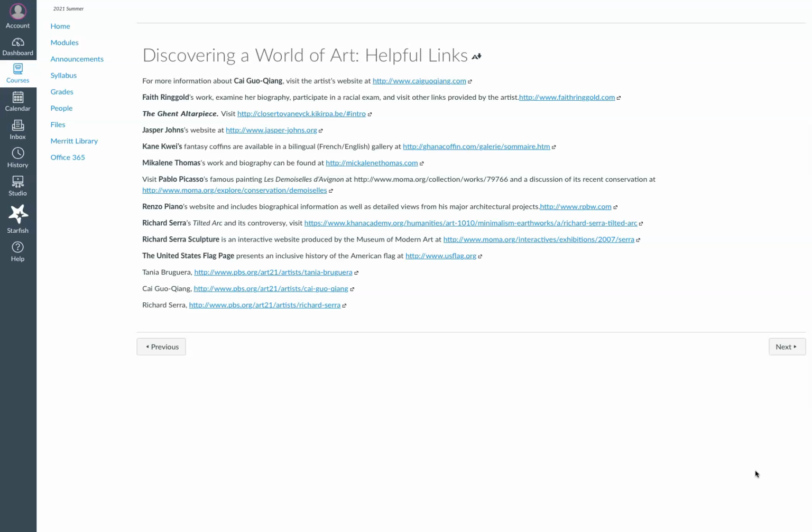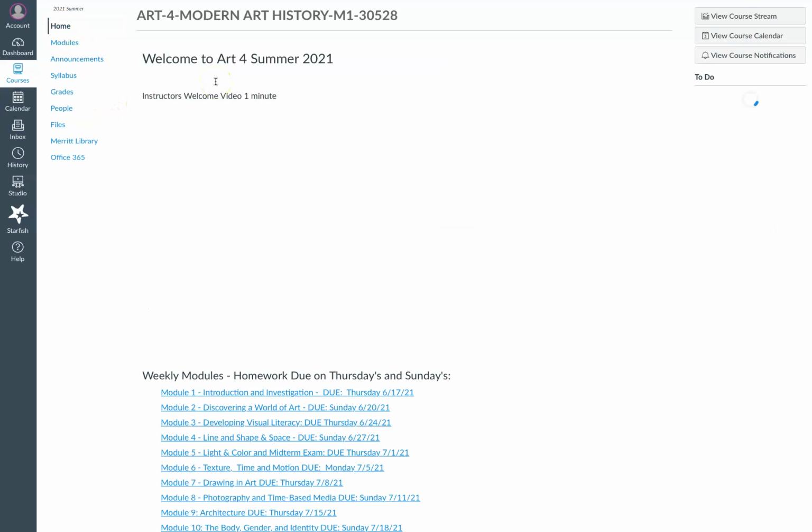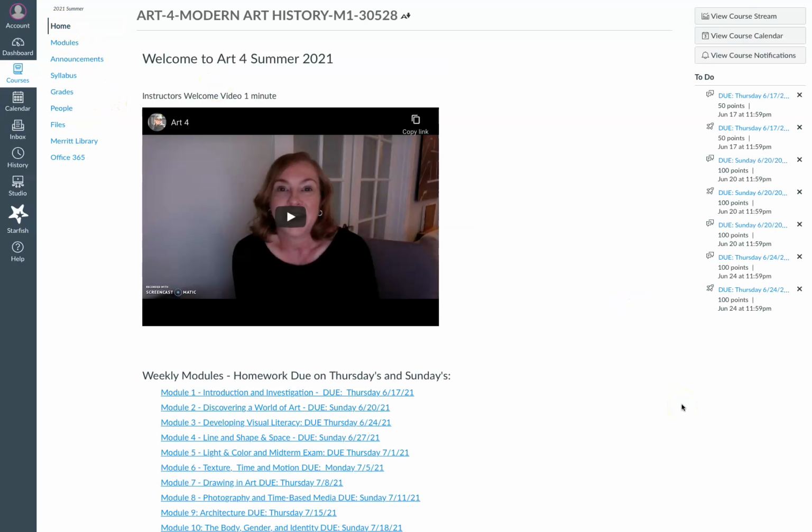Most learning units also have a helpful links page. So these might be links that you would click on to further learn about any of the artists that are discussed, Richard Serra or other artists from that particular learning unit. And then, of course, that flows into the homework along with the quiz. So that's basically what most learning units look like.